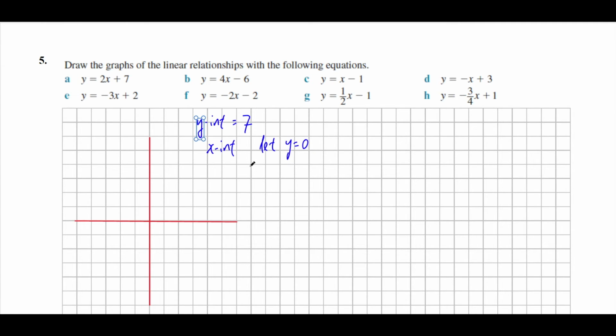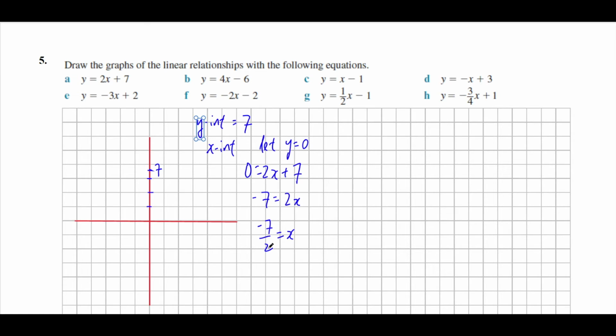So then what you have is 0 = 2x + 7. So then you have -7 = 2x, minus 7 on 2 equals x, right? So this is about -3.5. So what we can do is label the y-intercept first. Y-intercept is 7. So I guess that can be 2, 4, 6, 7. This is your 7.